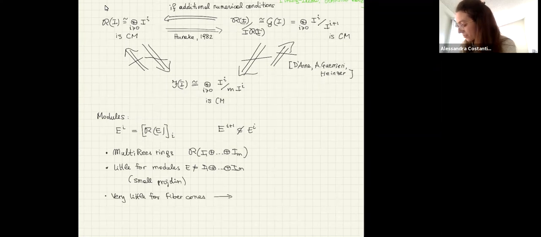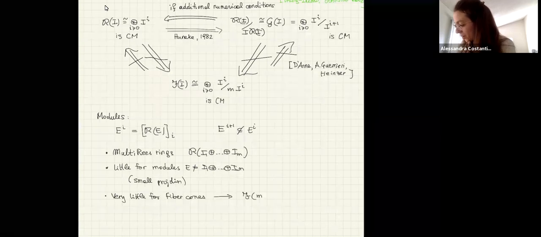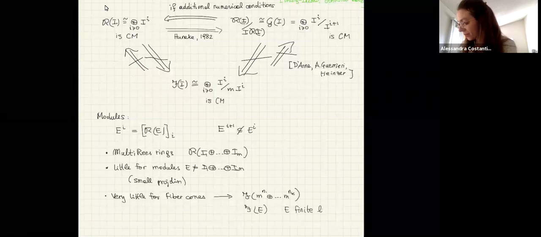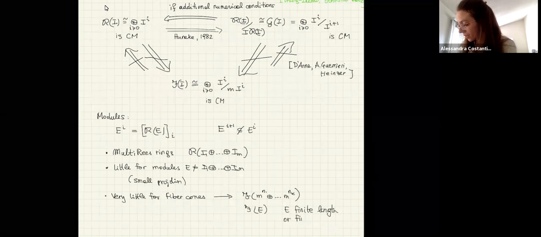And to the extent for fiber cones, what we know is something about the fiber cone of a direct sum of powers of the maximal ideal, or something for the fiber cone of E, where E is either of finite length or of finite co-length.